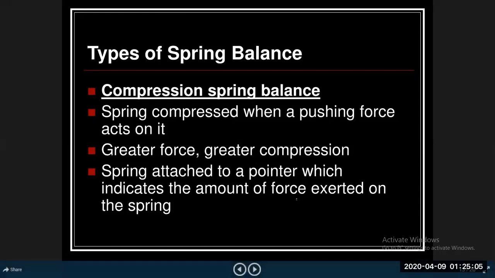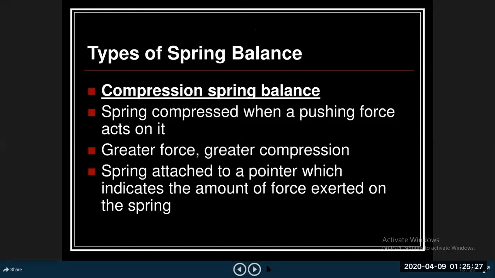So, measurement of force and measuring devices. A scale balance and a spring balance are all measuring devices that are used to measure force. Don't get confused about that. A scale balance and a spring balance both measure force.